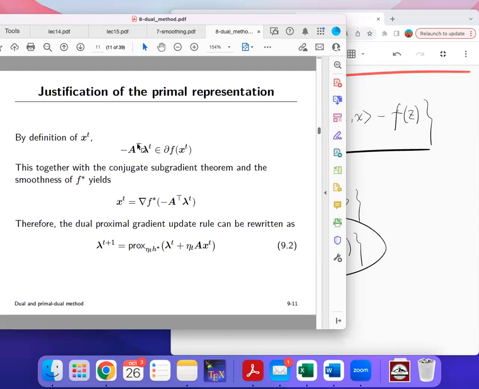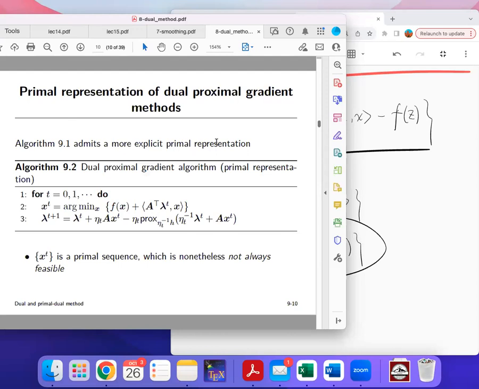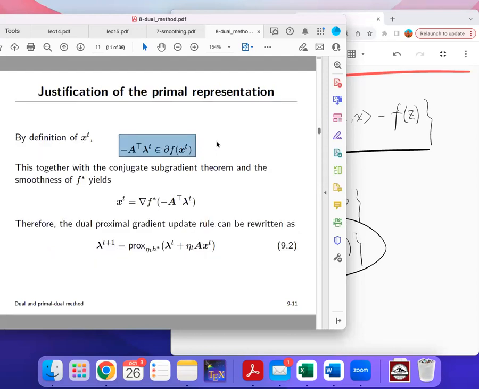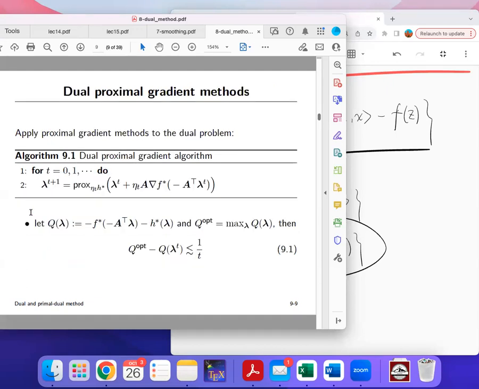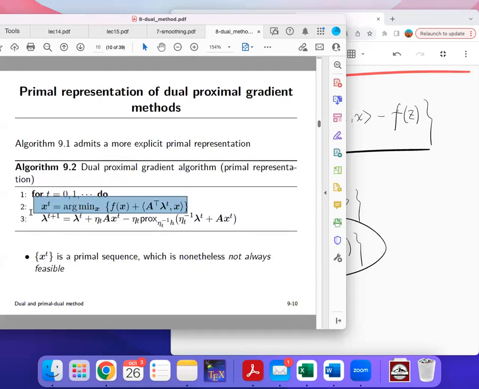So let's look at these updates. Let's look at this equivalent form and see how these two updates can match the previous update. From this form, xt is defined as the minimizer of this problem.